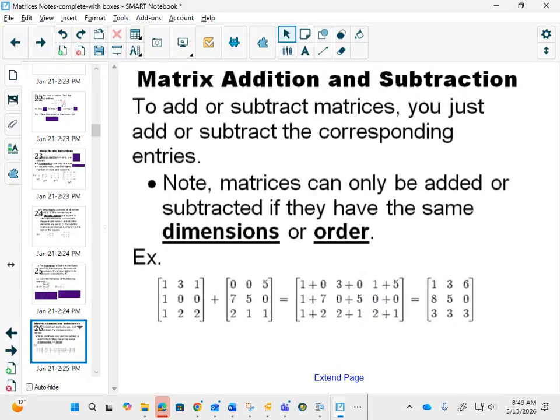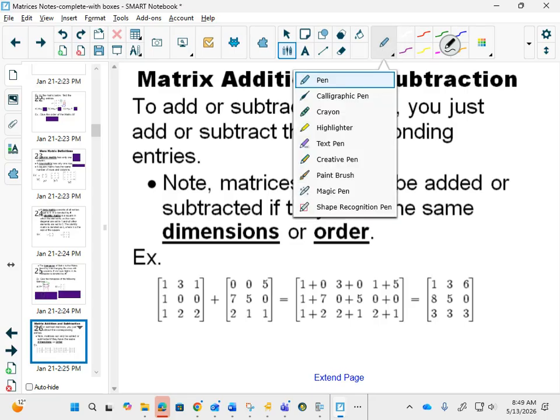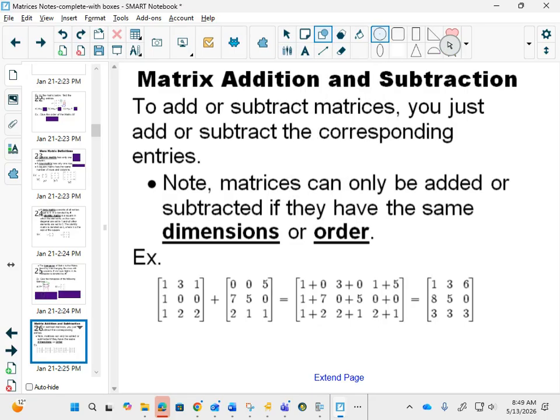Adding and subtracting matrices. Oh, I'm going to make this more exciting. Here we go. Don't look at your notes. Oh, it's not working. Okay. Here we go. I hid the strategy. Somehow you have to figure out what's going on.